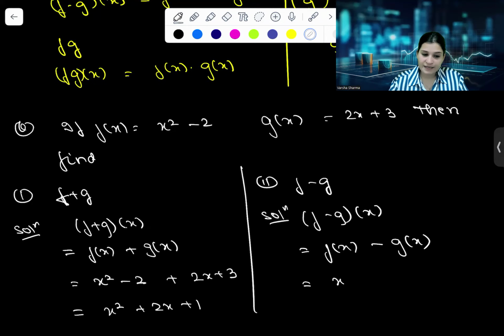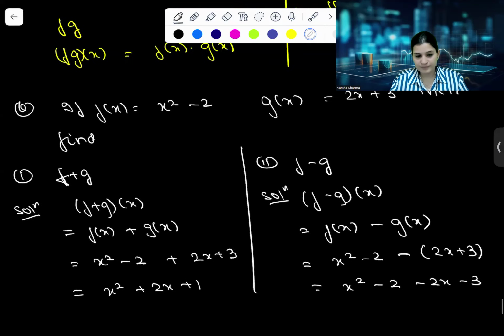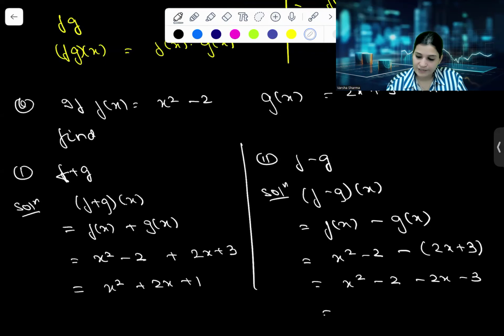So f of x, x square minus 2, g of x, 2x plus 3. So x square minus 2 minus 2x minus 3, which is x square minus 2x minus 5.